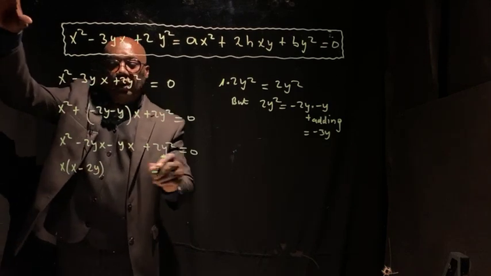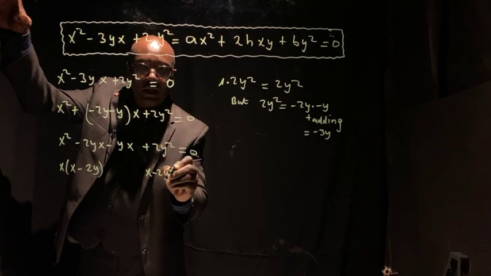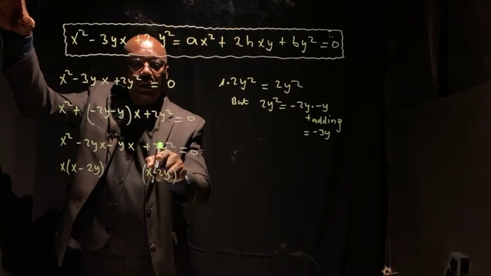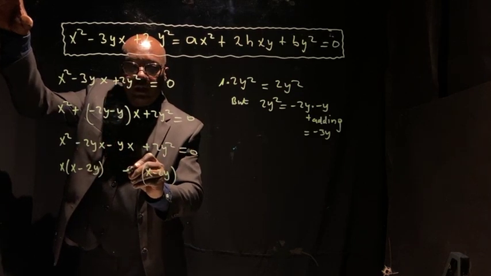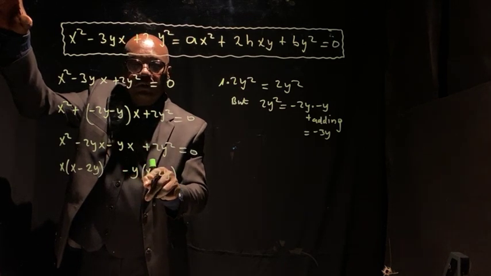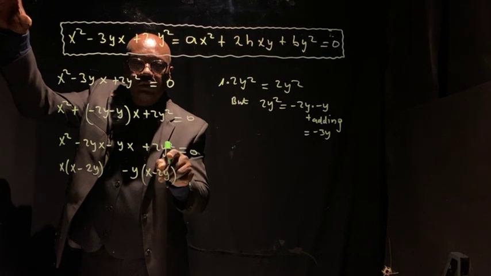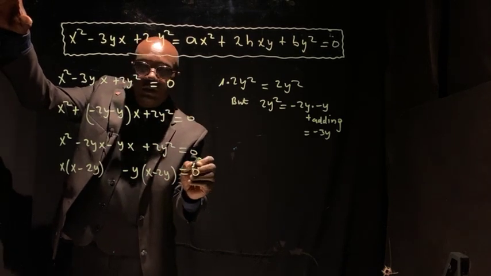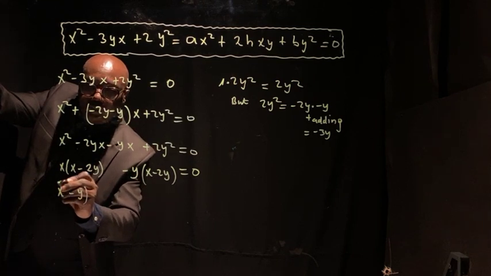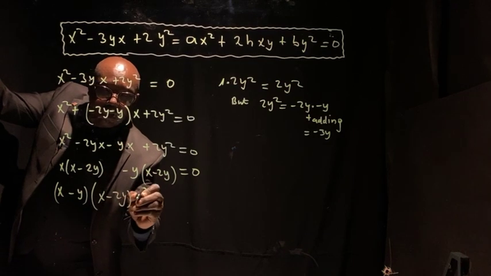Then the same x minus 2y, we'll write it here, x minus 2y. How can we have this one and this one? To do that, we have to multiply here by minus y. In that case, minus y multiplied by x, we have this one. Minus y multiplied by 2y, we have 2y squared. Then we have x minus y, x minus 2y equals 0.